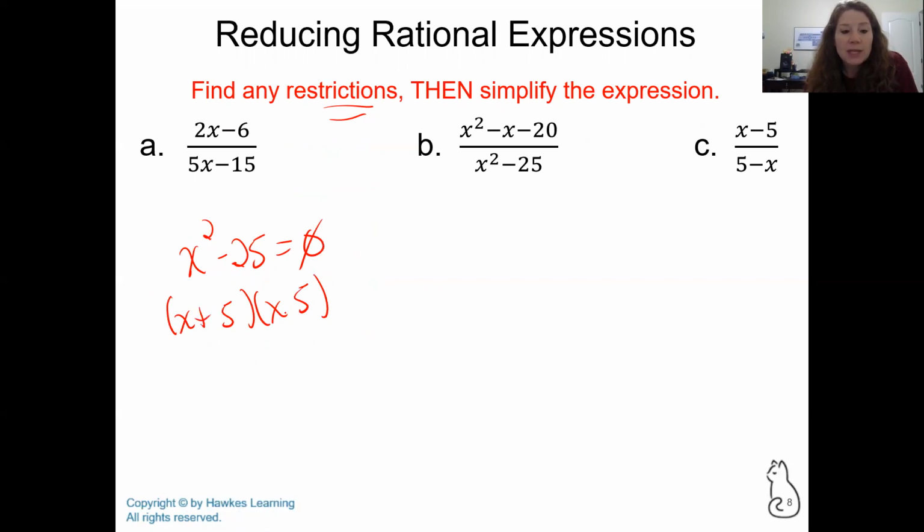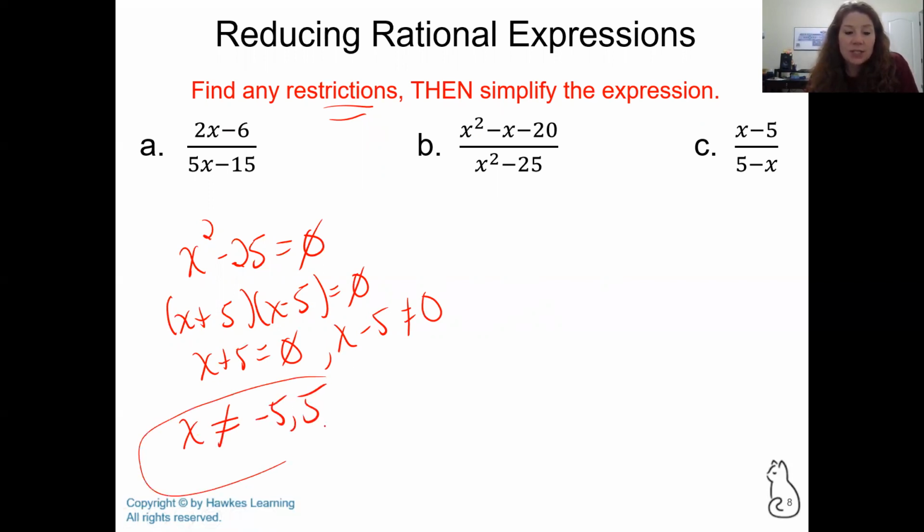One gets a plus and one gets a minus. Now we're going to set them both equal to 0. And our restrictions are that x is not allowed to be equal to -5 and +5. Okay, those are our restrictions.